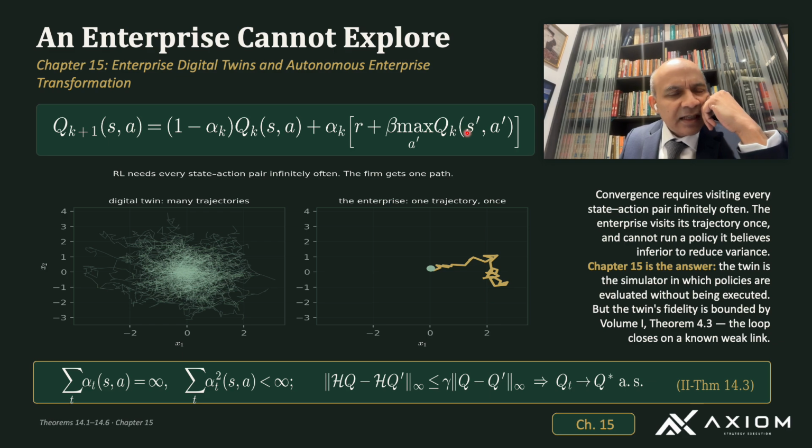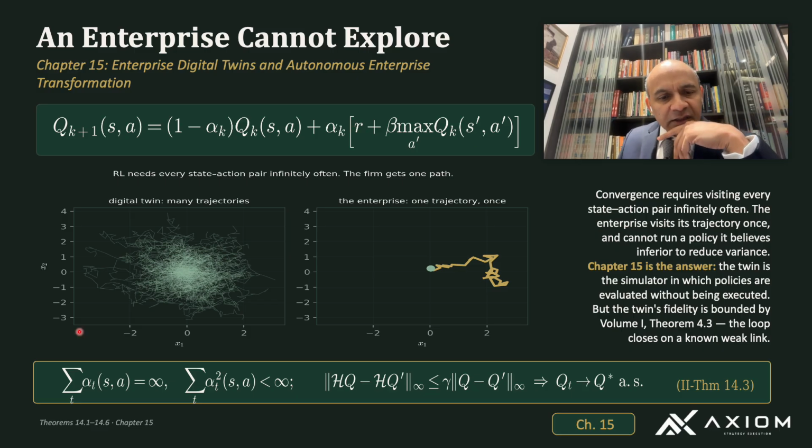So S prime is the next state. Q-learning updates the value of a decision by blending the old estimate with what was just learned from the immediate reward, plus the best expected future opportunity.